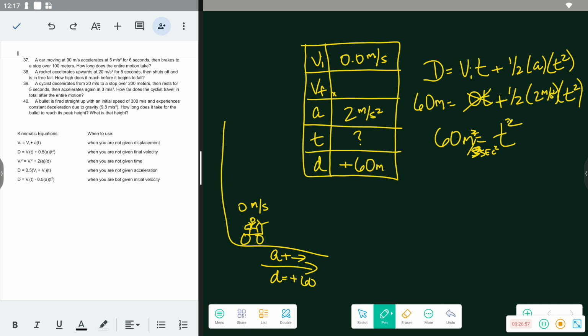All right. So how do you get t by itself? It's squared. You have to take the square root. Okay. So t would be whatever the square root of 60 is. Exactly.